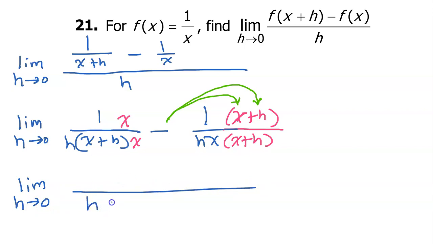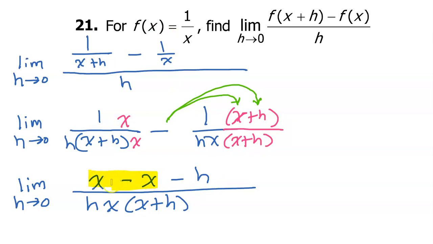I have h. I think I'll put the x in the front. X times x plus h. So there's my common denominator. And in the numerator, I have x minus minus h. Again, I distributed the minus sign, so that's why I got the minus h.